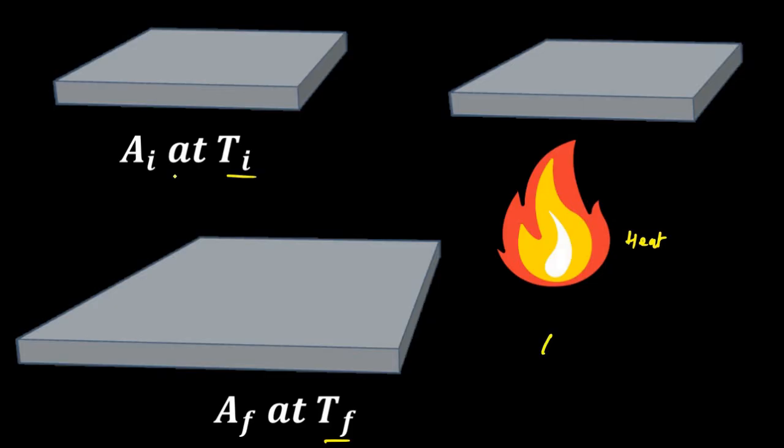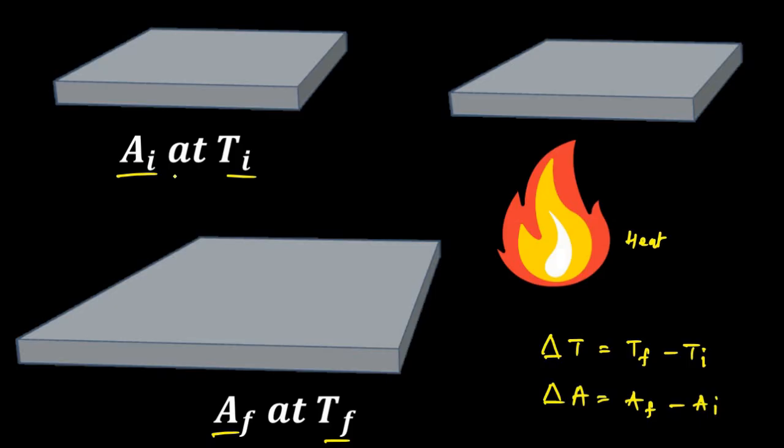So here the change in temperature is final minus initial. At temperature Tf, the surface area increased from Ai to Af. So the increase in surface area is equal to Af minus Ai.